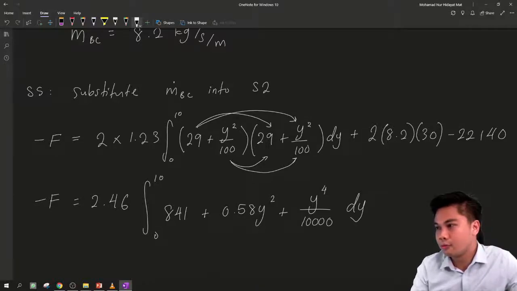This one you solve, you will get 492 minus 22140.